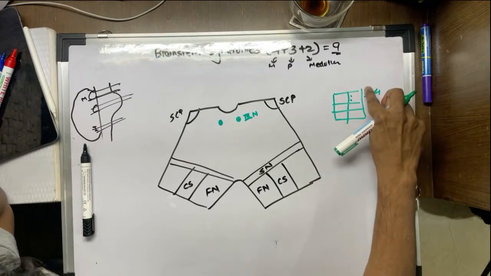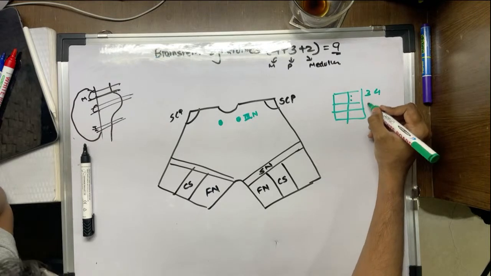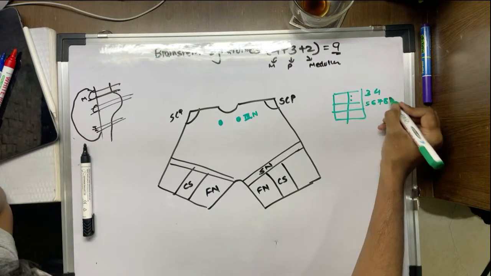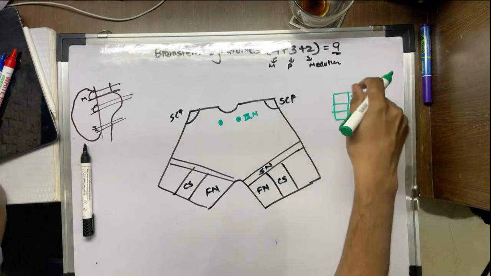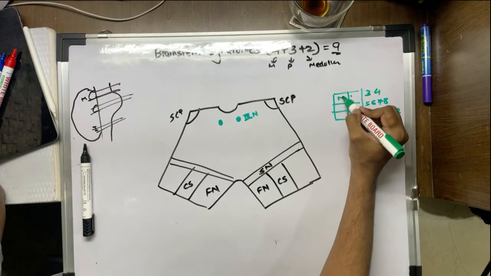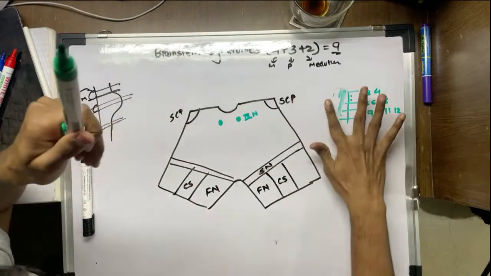So we remove 1 and 2, so it's basically only 3 and 4. Then 5, 6, 7, 8, 9, 10, 11, 12. These are the nuclei which go to the midbrain, pons and medulla. Just remember this. I'm going to erase this.